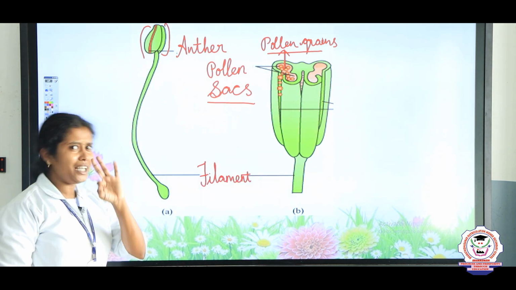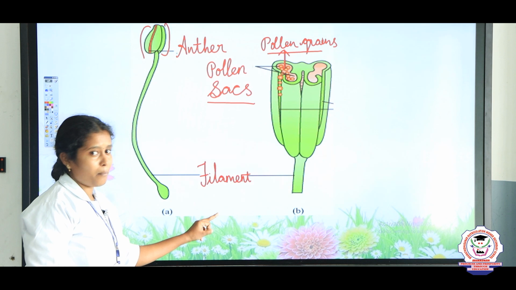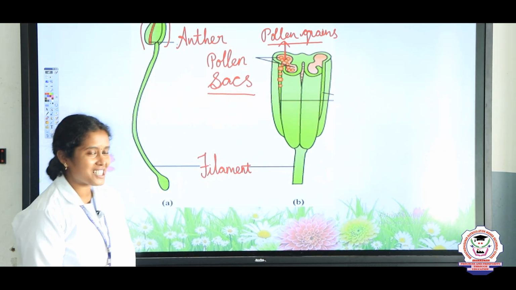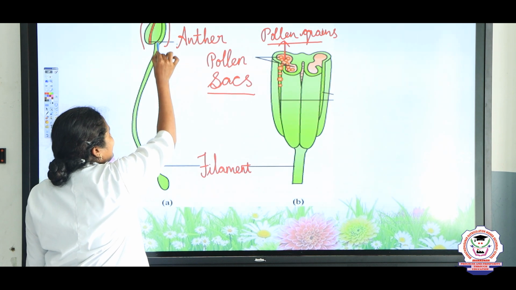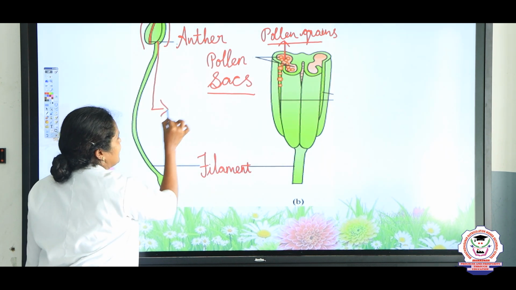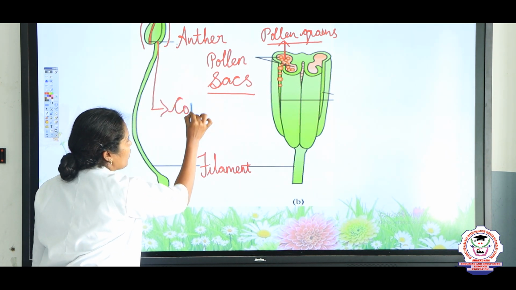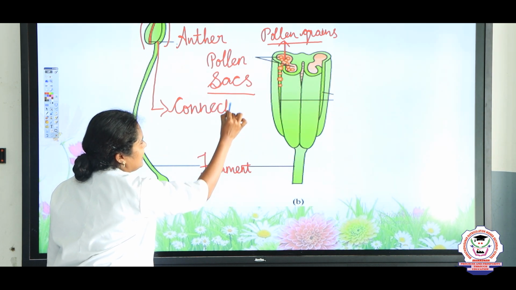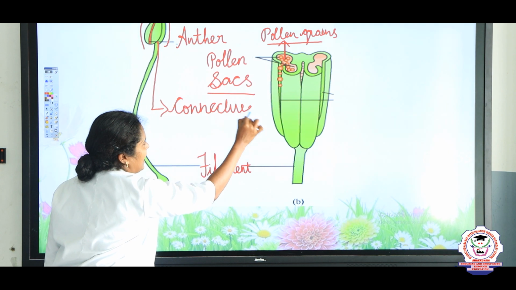And another one, the third structure. One is the filament and another one is the anther. So the third part is the connective. See here, this is called the connective. C-O-N-N-E-C-T-I-V-E. Connective.